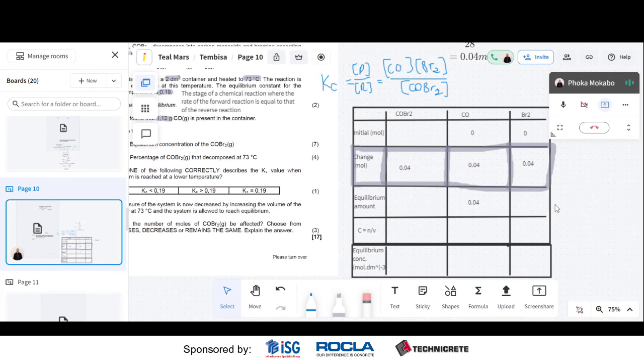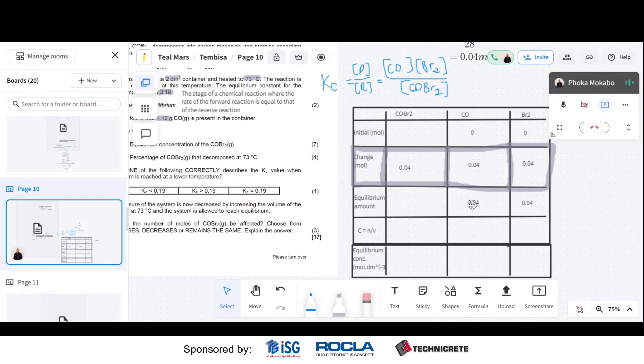Then once you have that, the change will be the same. But for bromine, because you start off with 0, you added 0,04, end up with 0,04 moles at the end.